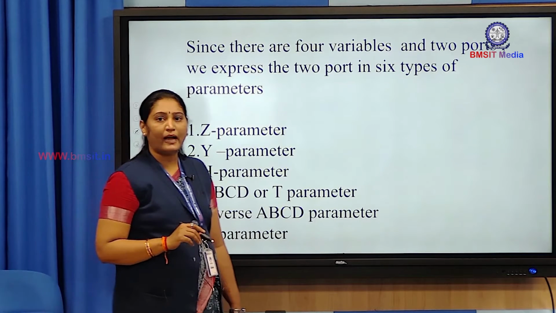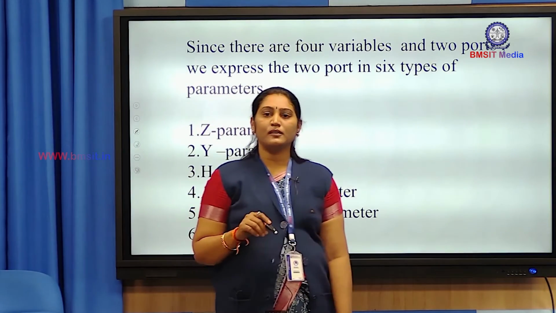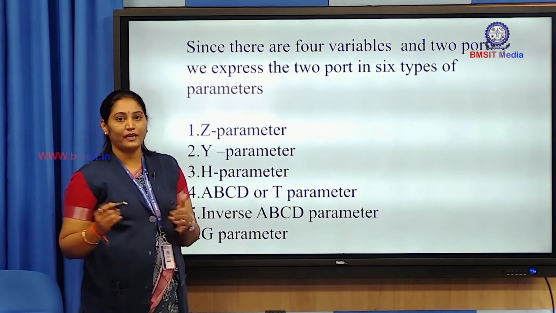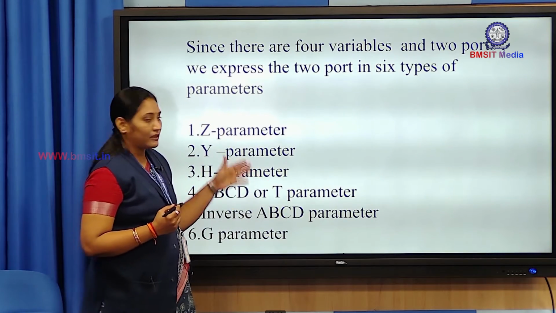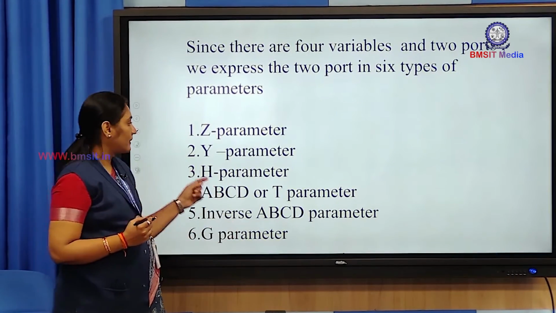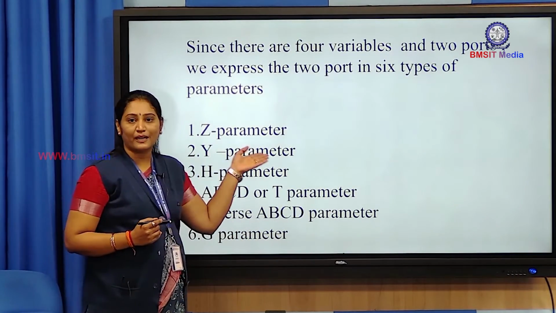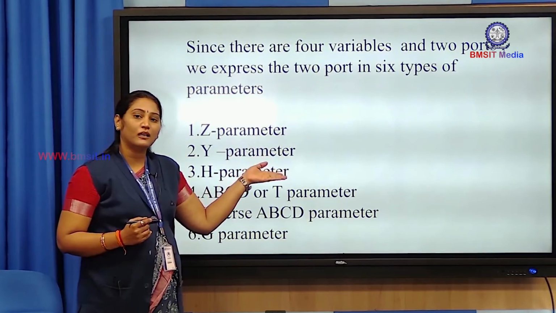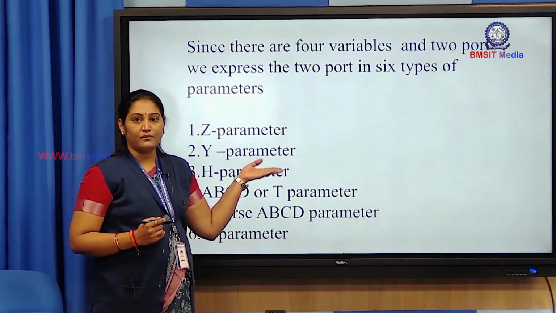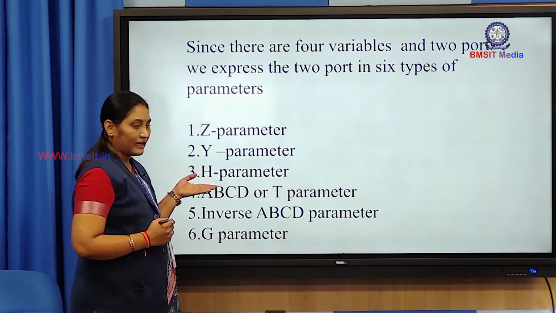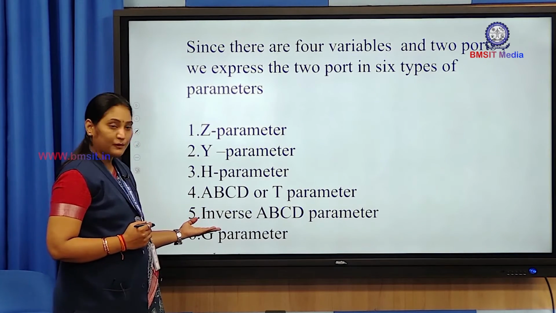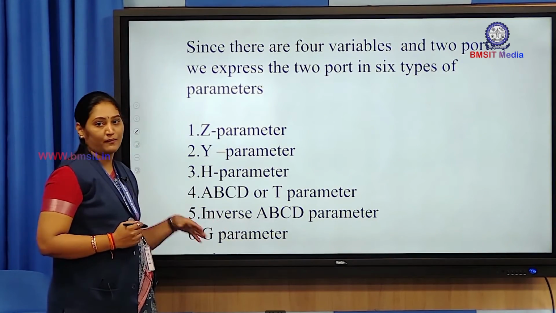So as I told, we have 4 variables and 2 ports. Based on these variables and 2 ports, we can have 6 parameters. Namely Z parameters, the impedance parameters or open circuit parameters, and Y parameters, admittance parameters or short circuit parameters, and we have hybrid parameters, then ABCD parameters, then inverse ABCD parameters and G parameters.